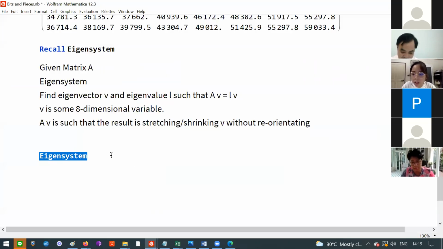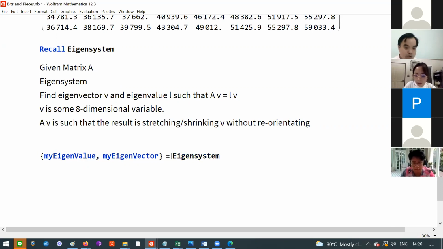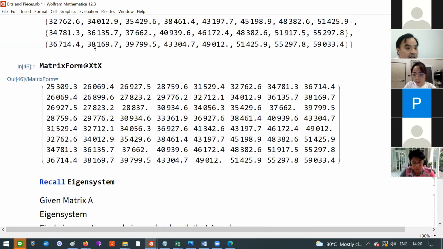So I'm going to call my eigenvalue and my eigenvector equal to eigensystem of this guy. Remember, this guy summarized how the 8 variables move together.